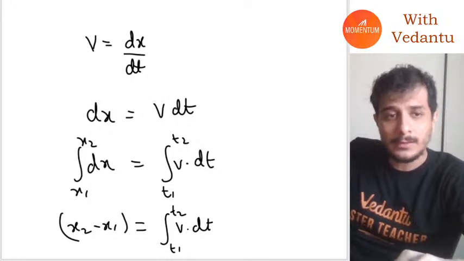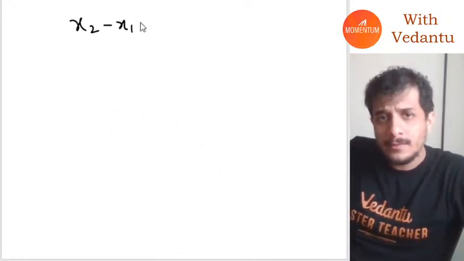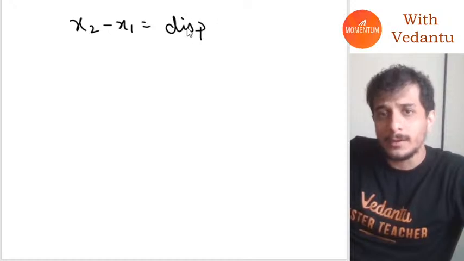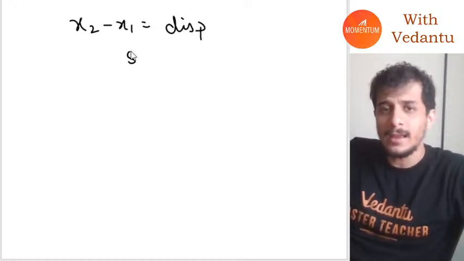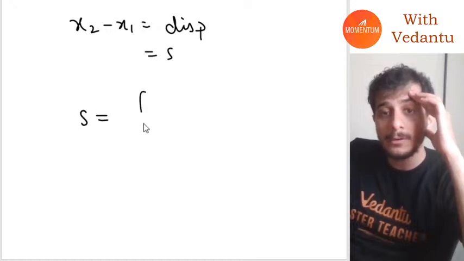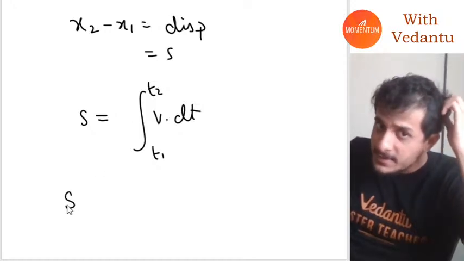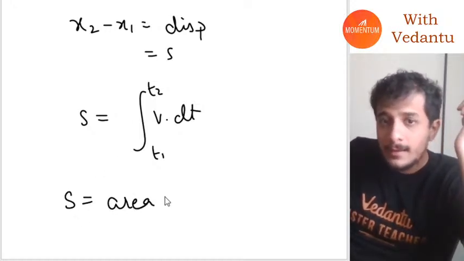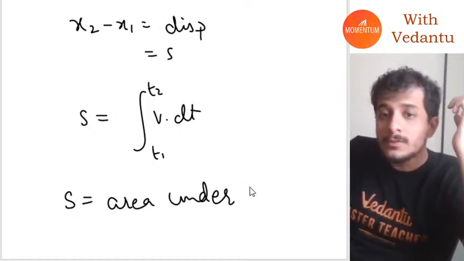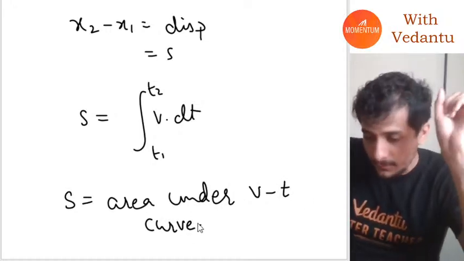What this means is that x2 minus x1 is nothing but displacement, which I will write as s. So s is equal to integration of v dt from t1 to t2. Displacement is nothing but the area under the V versus T curve.